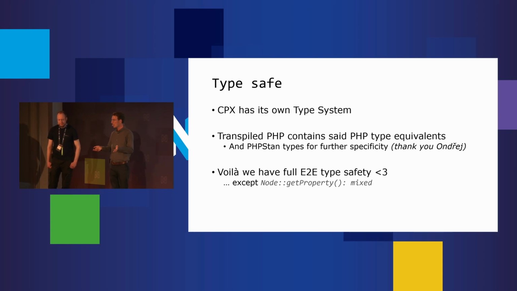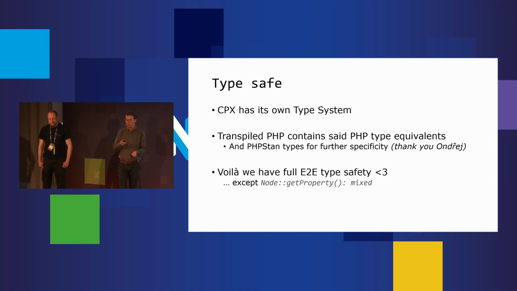And while CPX itself, in all the CPX files, in the whole CPX ecosystem, is type-safe, it would not work if it were not obvious to the outside, to PHP. And we do that by translating all CPX types to PHP equivalents. And that works quite well for components and for primitive types. Though coming to lists, like type collections, where we don't have generics in PHP, this starts to struggle a little, but not too much, because we have PHPStan to our side.